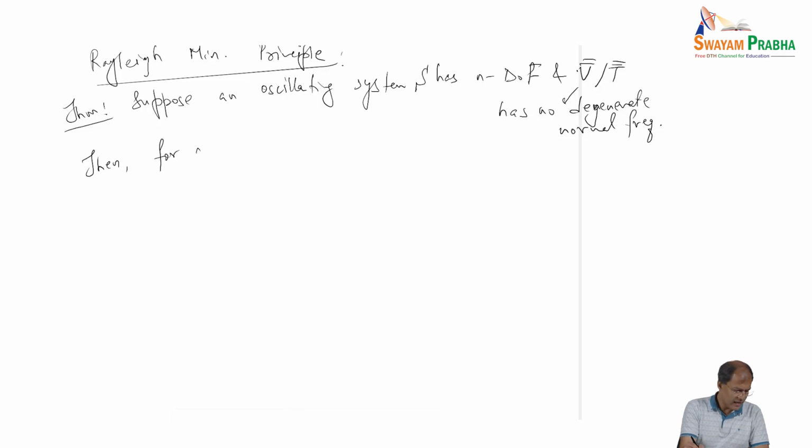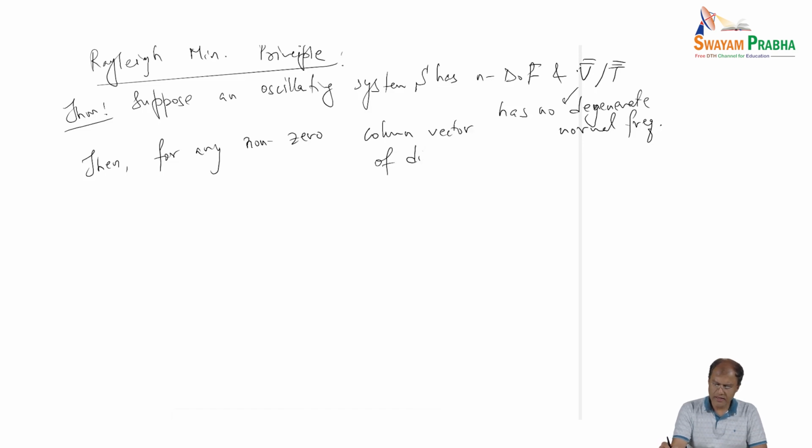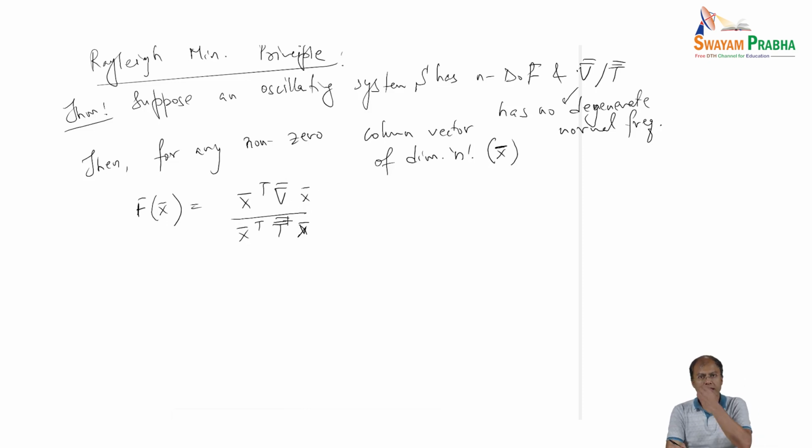Then for any non-zero column vector of dimension n, which we call x, we look at the following function f of x, which is x transpose V x divided by x transpose T x, where V and T are the potential and kinetic energy matrices.